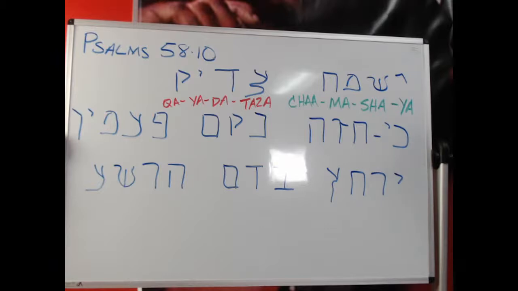Almost. I know we said Tazadayakwa. Looking at the interlinear, my apologies, it should be Tazadayak. Tazadayak. Very nice. All right. Cool. So far we have Yashamak, Tazadayak.